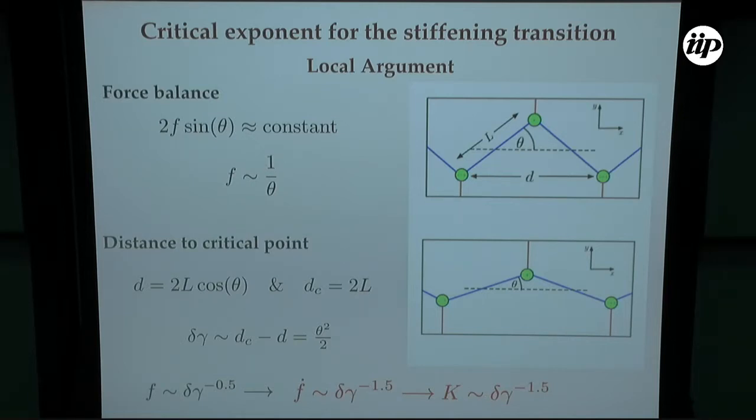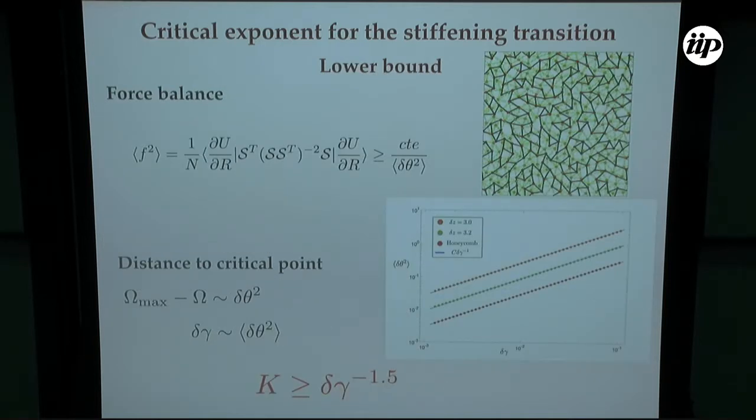Of course, you will say, okay, this is a very simple argument. Well, it's a simple argument, but it still more or less explains this exponent. One can do a bit better, and what is interesting is that we can show kind of the same, but in terms of a lower bound.